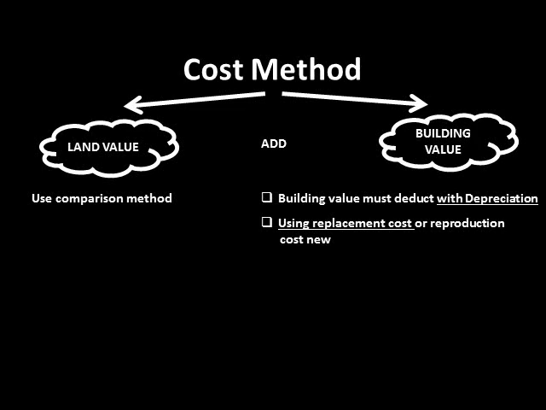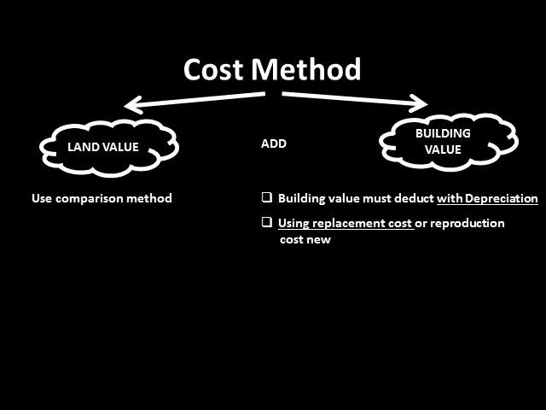As mentioned by Miss Anis before, replacement cost is the new cost that we use to develop new buildings. You replace the old building with a new building. Another one is reproduction cost new. This one is where we reproduce the same building, most probably with the same materials as the old building.